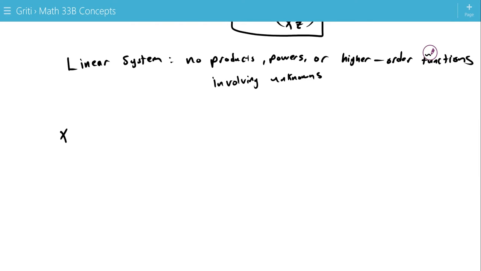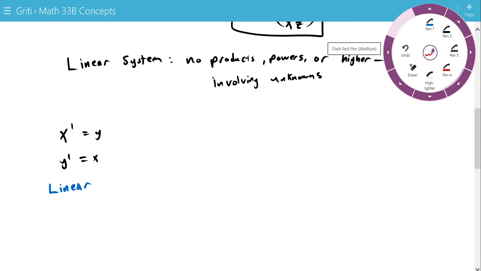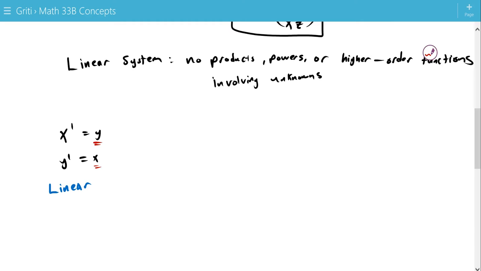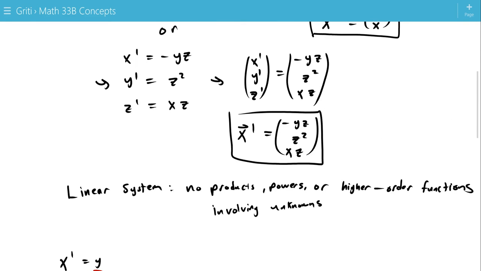The first example we dealt with, x prime equals y and y prime equals x, is linear because x and y on the right-hand side aren't being multiplied, they aren't being taken as powers, and they aren't having functions applied to them. Our example here is not linear because we have the product of y and z here, and we have the product of x and z here, and we have z to a power.